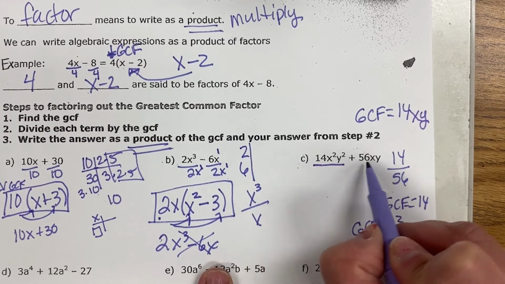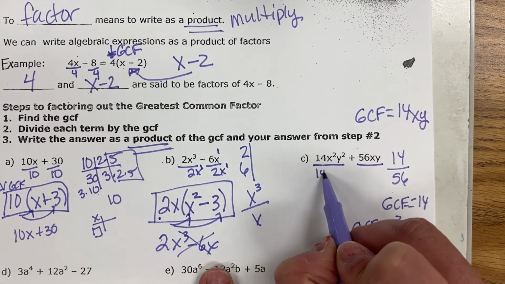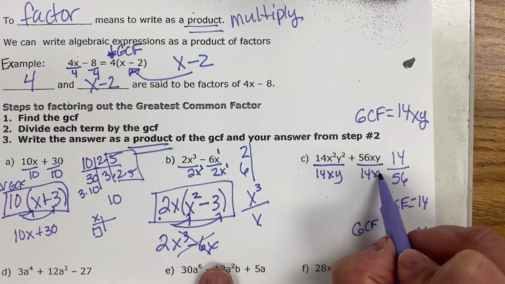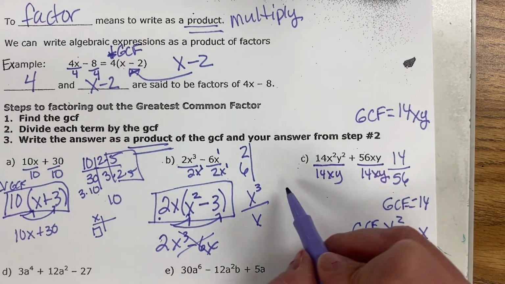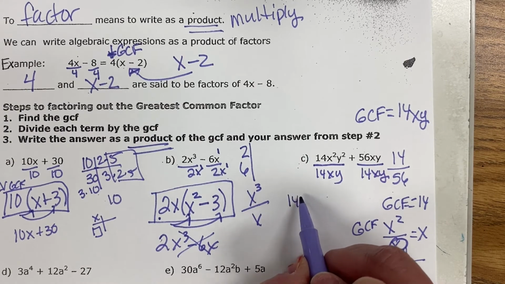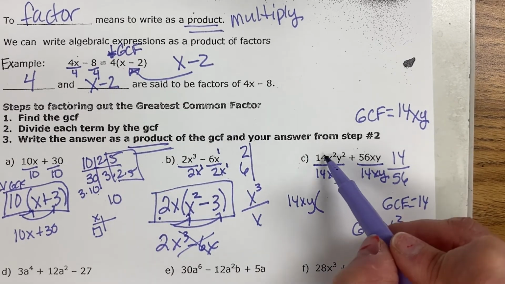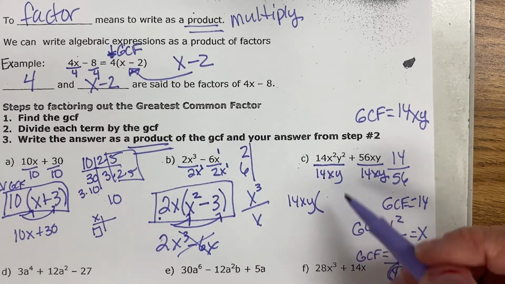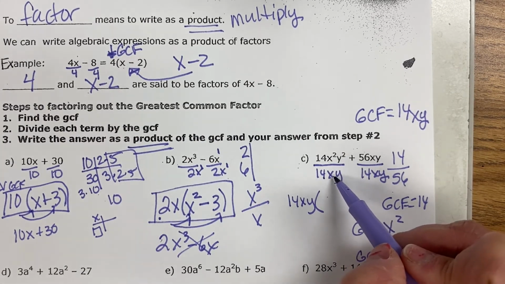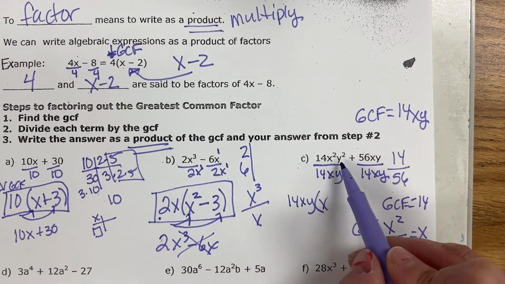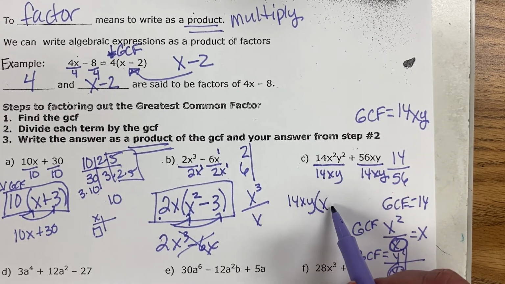Step 2, we're going to divide by the greatest common factor, 14xy. We'll write the greatest common factor on the outside. So 14 divided by 14 is 1. X squared divided by x. If the bases are the same, we keep the base, and I subtract my exponents. 2 minus 1 is 1.